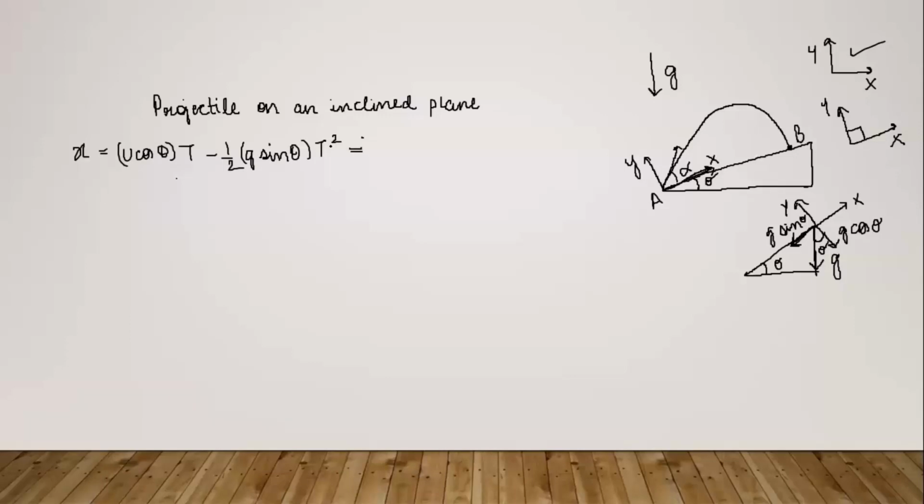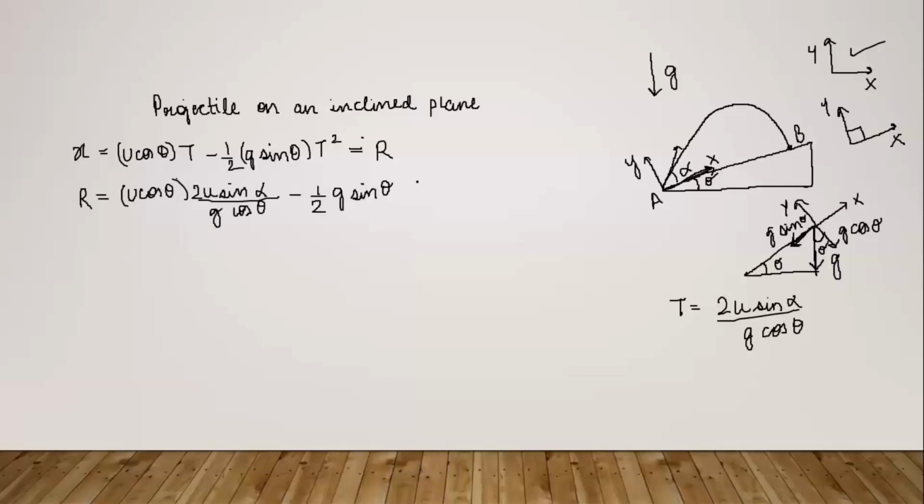But here, as the x coordinate is given the name horizontal range, we will write capital R over here. Now, what we had derived earlier was that T is equal to 2u sine alpha over g cos theta. So now we will put this value of T here. So our R value becomes u cos theta times 2u sine alpha over g cos theta, and then the T square term.